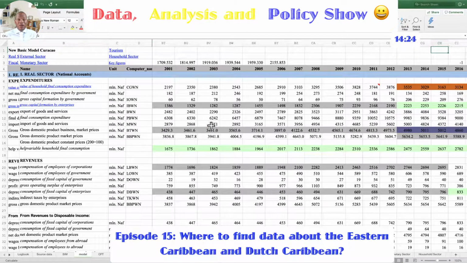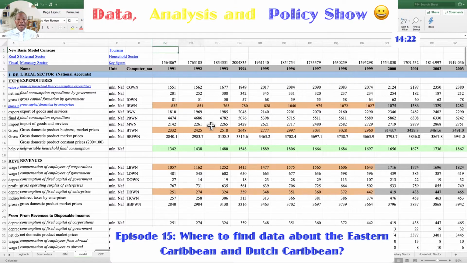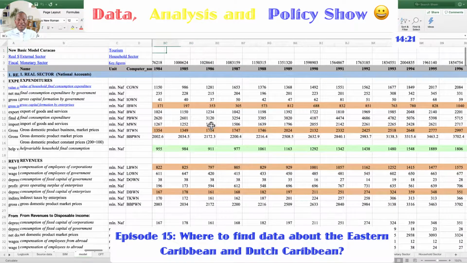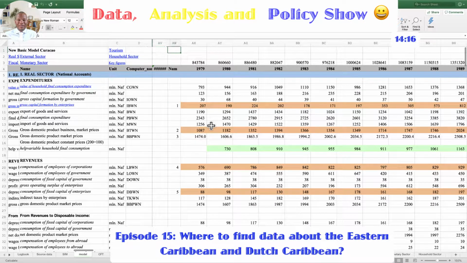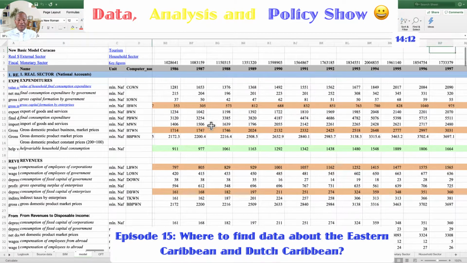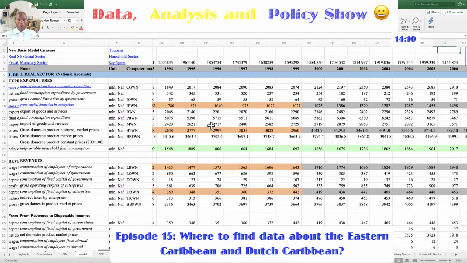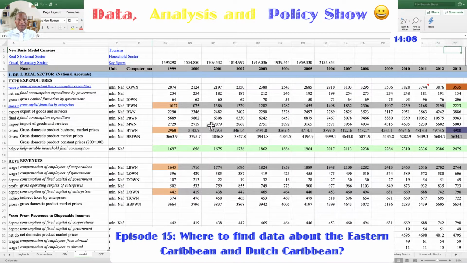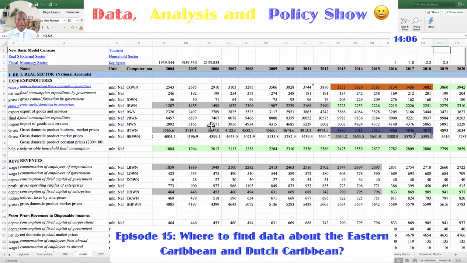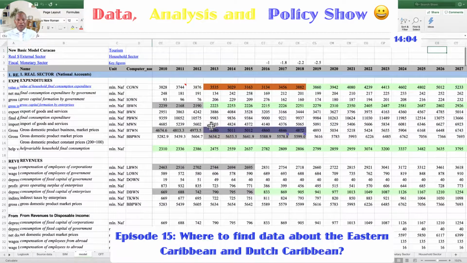And you see, for Curacao from 1979 till 2019, we have data. How cool is that? We have data. And of course, 2019 is the current year, so all this data is a little bit preliminary.